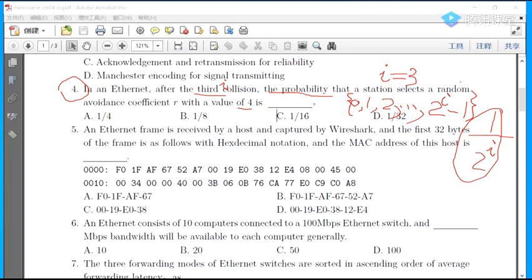So i is 3. That is, the answer is B. Right? So let's have a rest for 10 minutes.